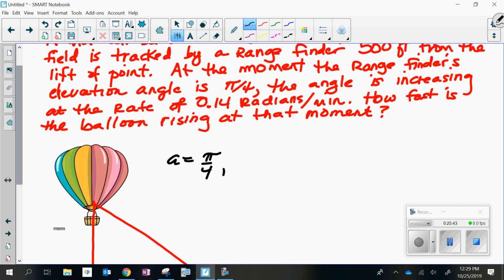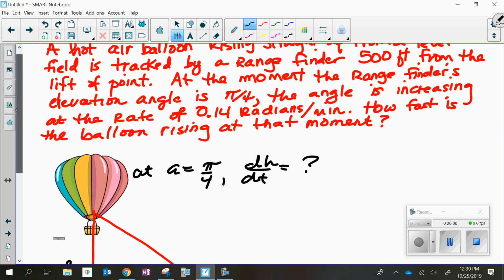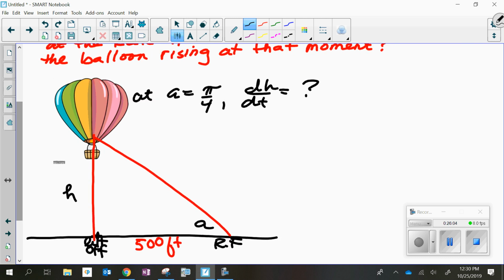How fast is the height, H, changing: dH/dt equals what? And what rate do I know? dA/dt is 0.14.